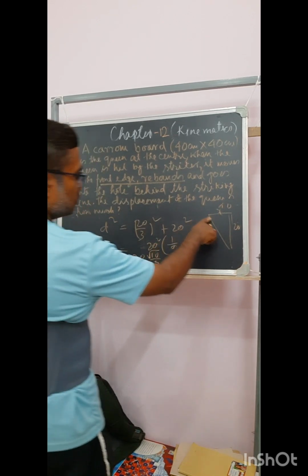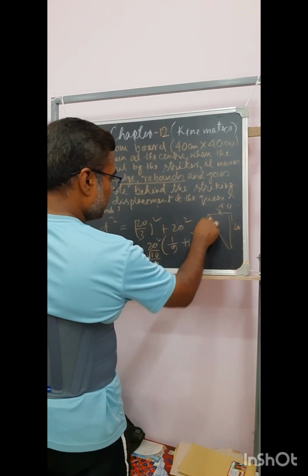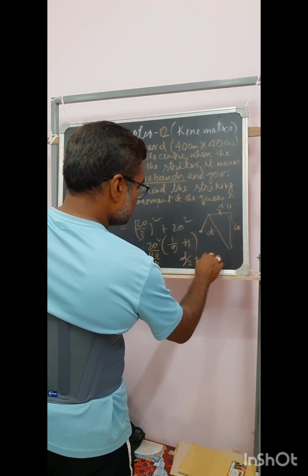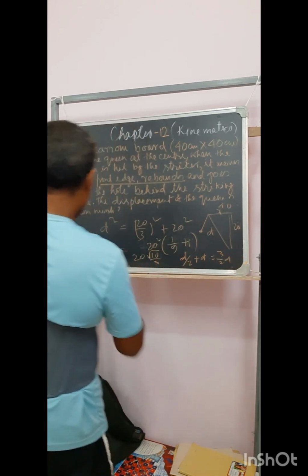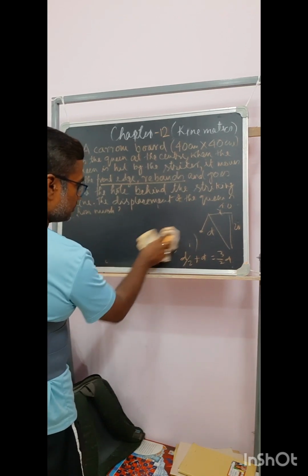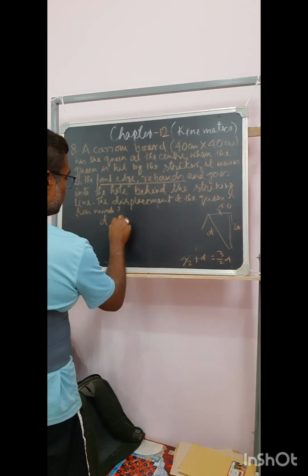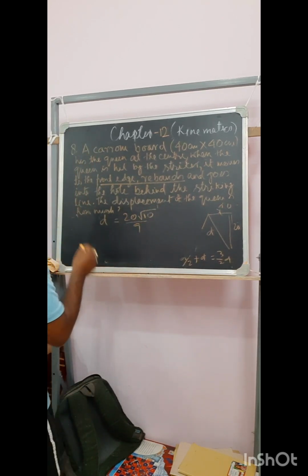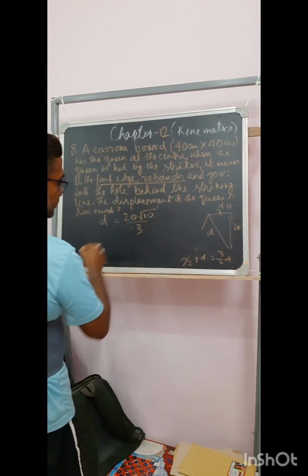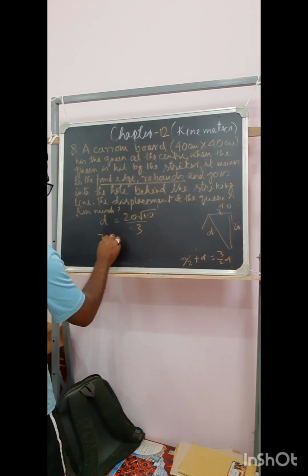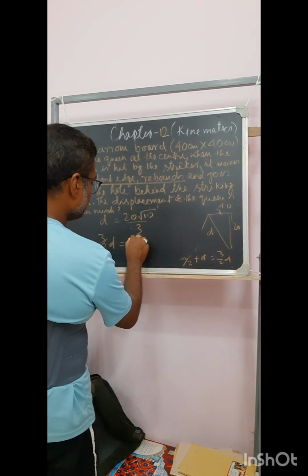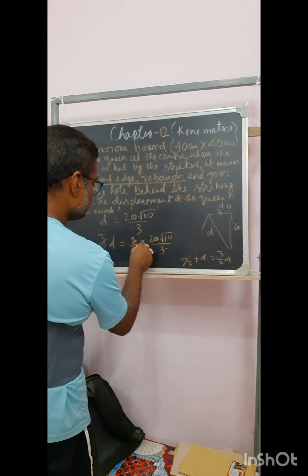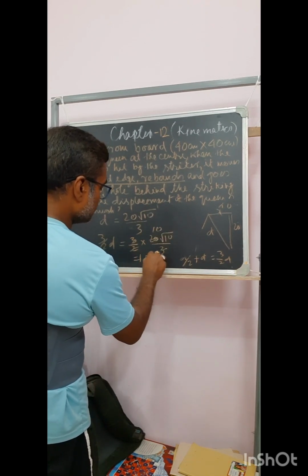So this is d, another d by 2 will be added when it is started from center. So the total distance will be d by 2 plus d, that means 3 by 2 d. Okay, now d I have got as 20 root 10 by 3. Now 3 by 2 d, that total distance is equal to 3 by 2 into 20 root 10 by 3, so 10 root 10.